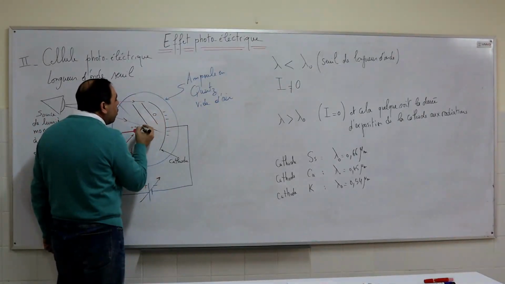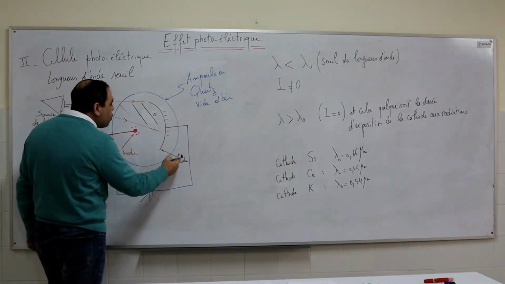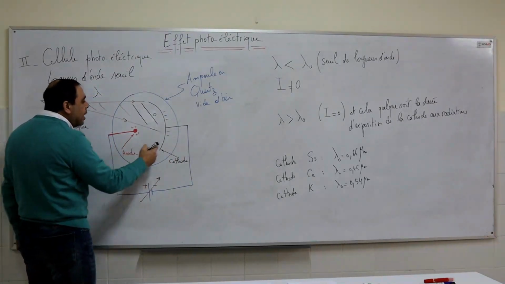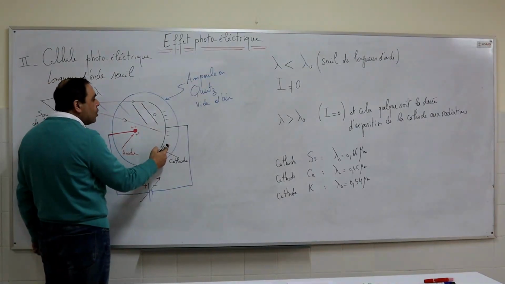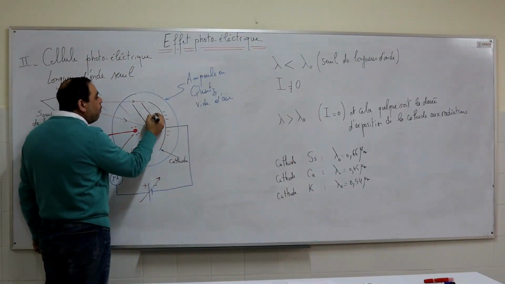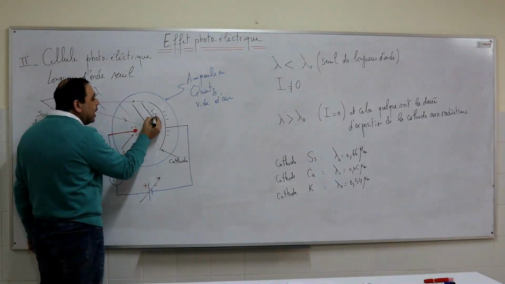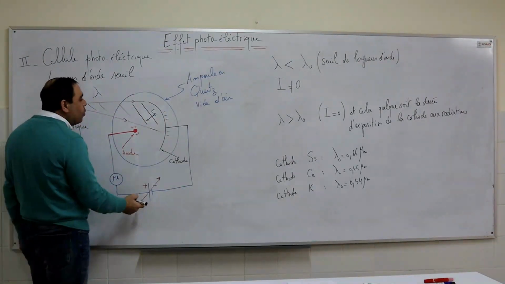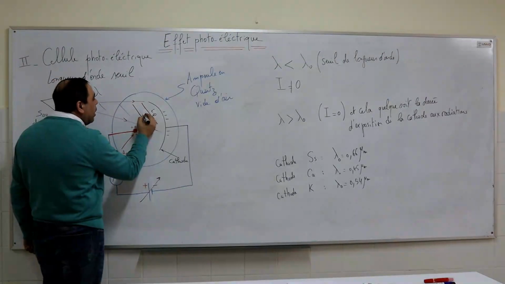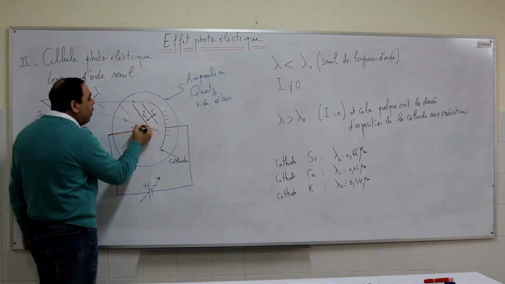The electrons become free, and due to the presence of an electric voltage between the two electrodes, the anode being positively charged, whereas the cathode being negatively charged, the cathode repels the electrons and the anode attracts them by an electric force. This force will guide the electrons from the cathode towards the anode.